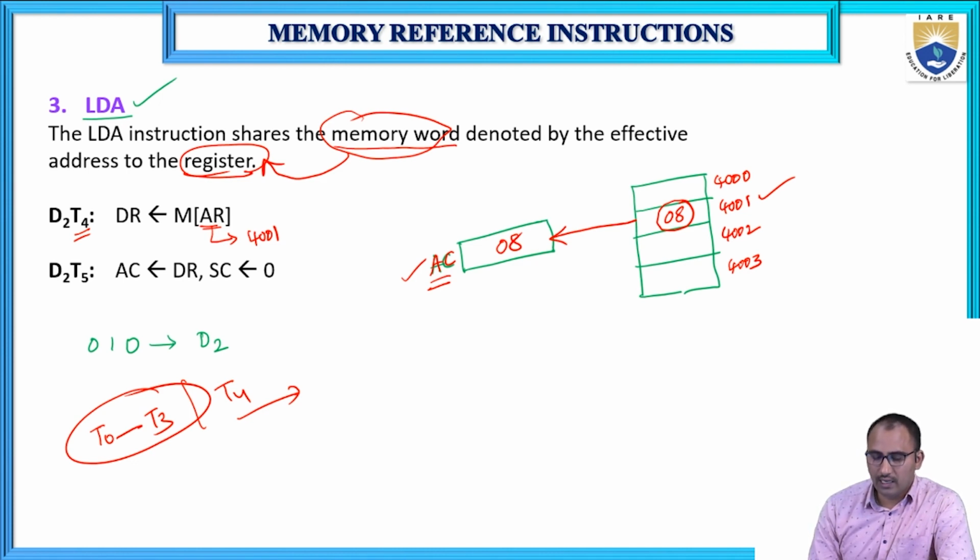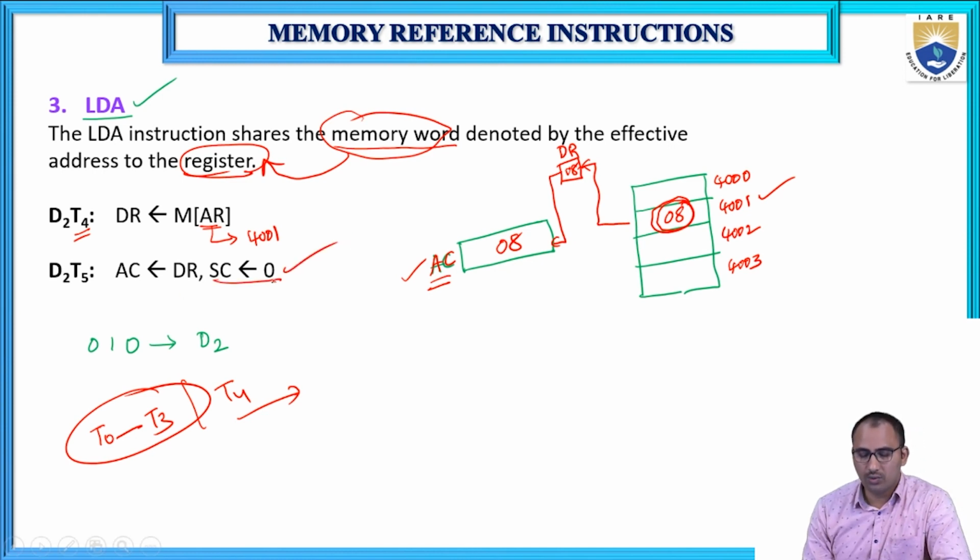Because we cannot take directly from the memory to the accumulator, first we place this value, 08, in the data register, and from the data register we copy it to the accumulator. After that, the sequence counter will be initialized to 0.